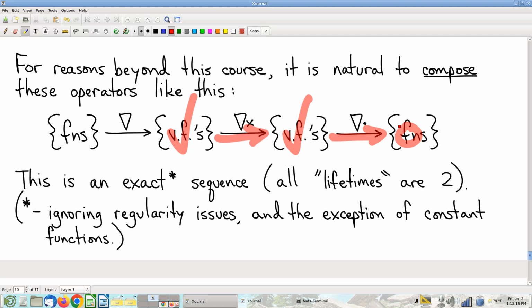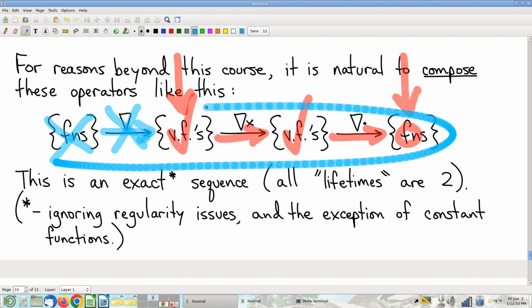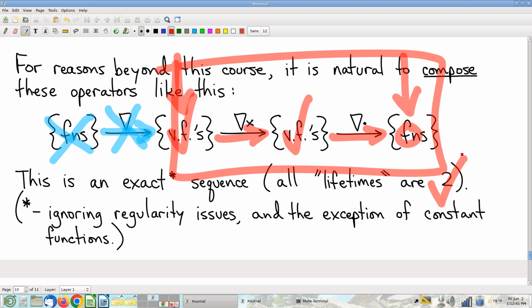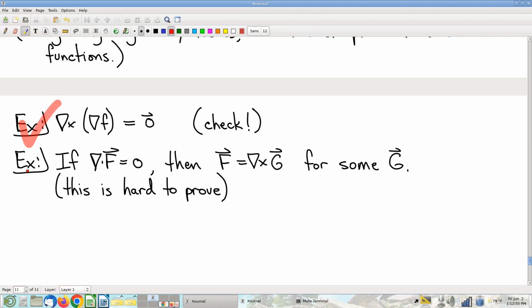But it also means that if this is where the death happens, then this must be where the birth happened, which means that there cannot be an anti-gradient, because that would make a lifetime of 3, which is not allowed. And so again, the lifetime is 2. Everybody see what I mean by lifetimes are 2? Again, this is all very hand wavy. So anyway, you can take this concept of lifetime as 2 and make various different mathematical results out of it. These are just a couple of those mathematical results.